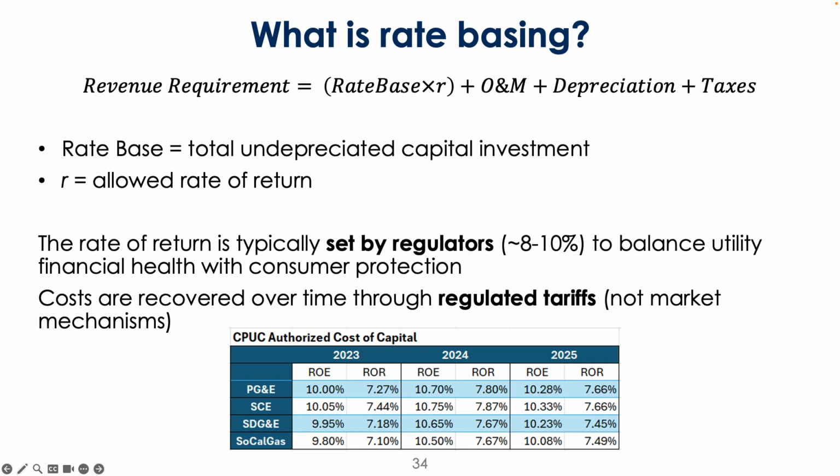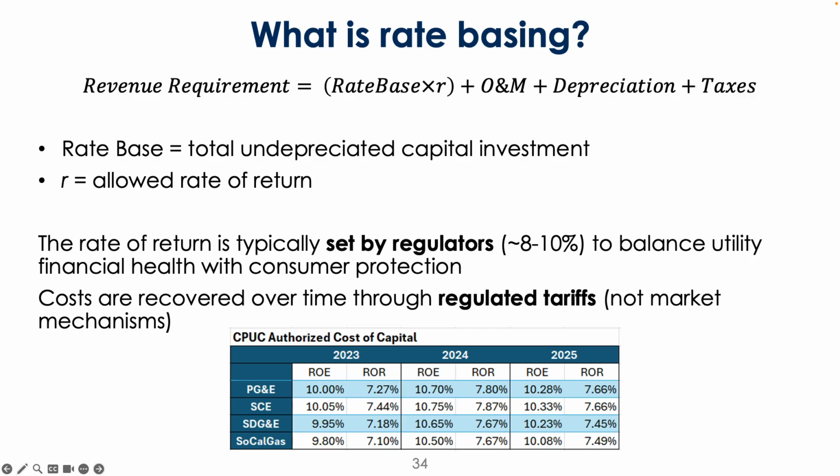The rate of return itself, this is on top of the actual costs. This is what the utility will gain in profit. That's set by regulators, typically on the order of 8 to, well, I would say even higher, maybe 8 to 12%. That's a way to balance the financial health of the utility with customer protection.